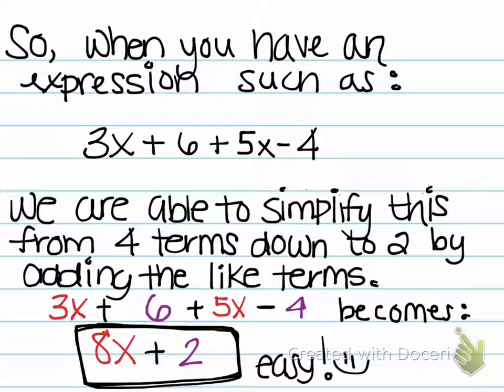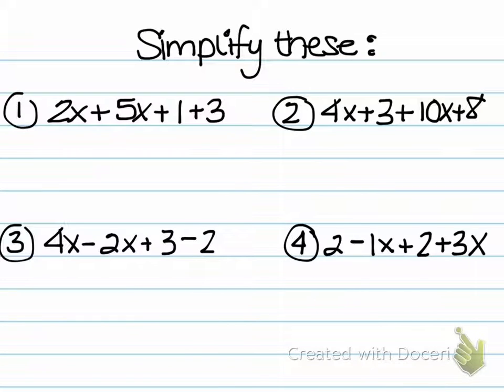And then the 6 minus 4 equals 2. You could cover up the method and look at it one by one. So I'd like you guys to try these on your own real quick, and I'll give you the answers.